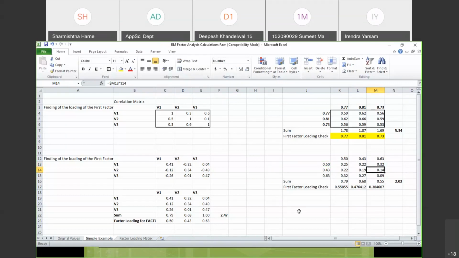Okay, now let us drag this. Yeah, okay. So this matches, right? This matches.